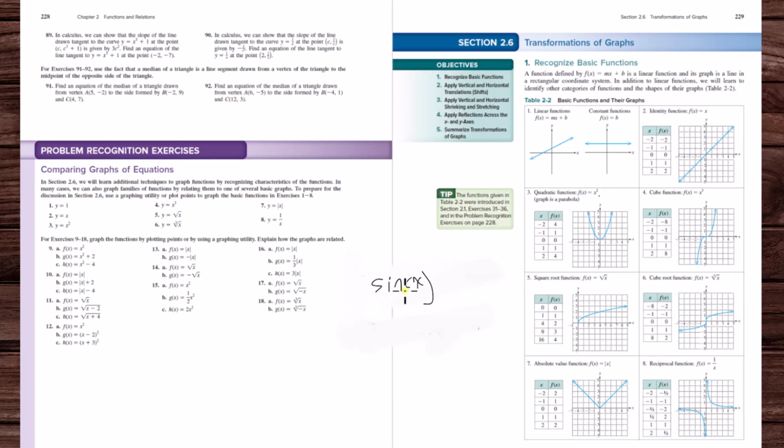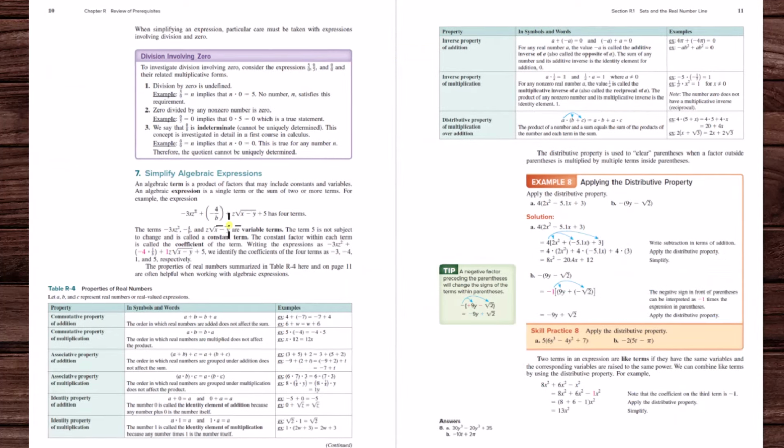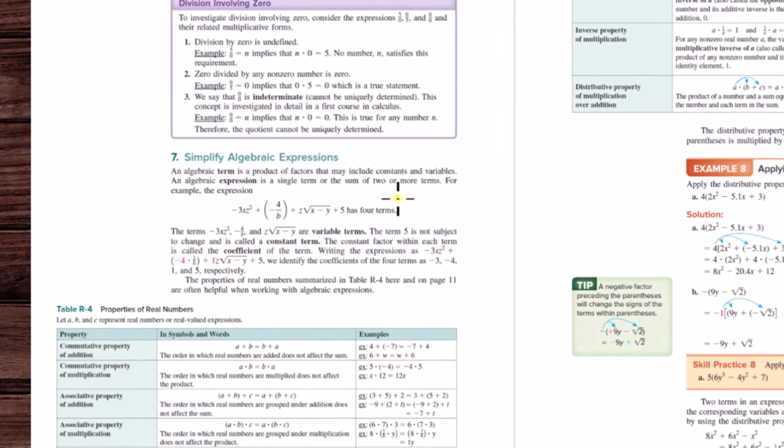It is a function, but for the sake of argument, let's look at this as a term in the same way we're saying x cubed is a term. You're taking a variable and cubing it, but for the sake of discussion, let's just look at both of these as terms. And what I mean by term is, if we come to the pre-algebra chapter, here's an algebraic expression.